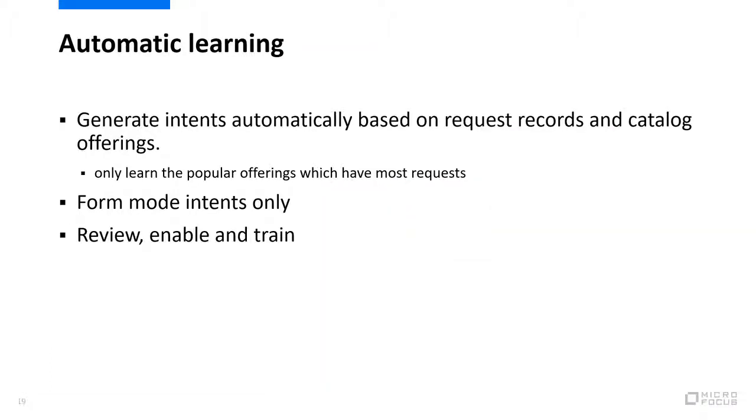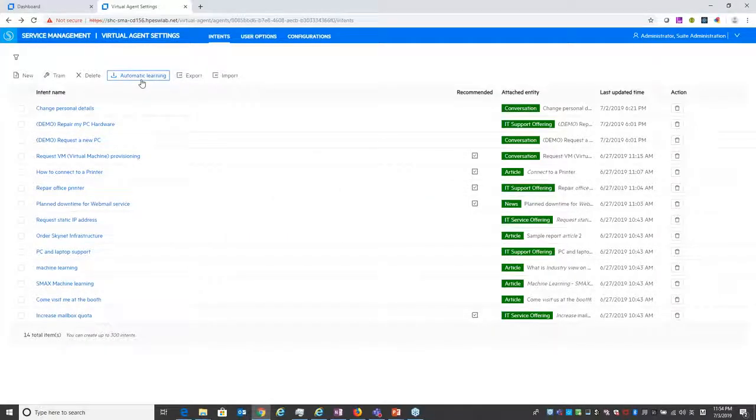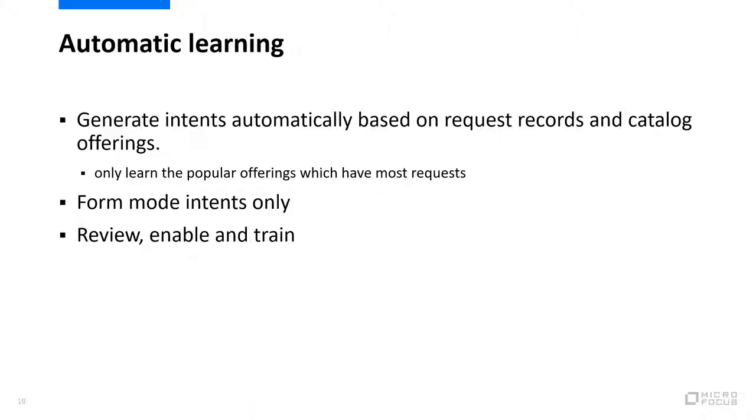And next, I will talk a little bit about automatic learning. We have a button or functionality here, which is automatic learning. So let me switch back to the deck. With this automatic learning, currently we can automatically generate intents based on the request records and the catalog offering.